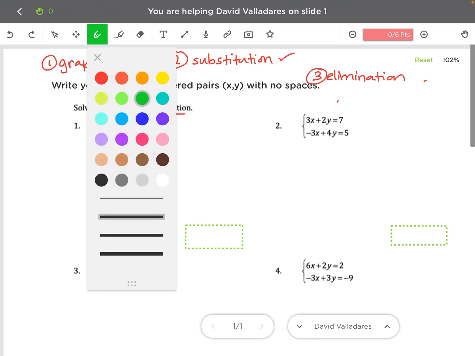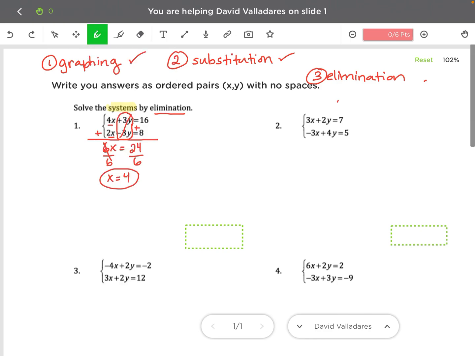Now I'm going to take this x equals 4, and do substitution. I can substitute it into either equation. I can either substitute it here for the x, or I can substitute it here for the x. It really doesn't matter, whatever one you want to use. So I'll go ahead and use the first one. Instead of x, I'm substituting a 4, plus 3y equals 16.